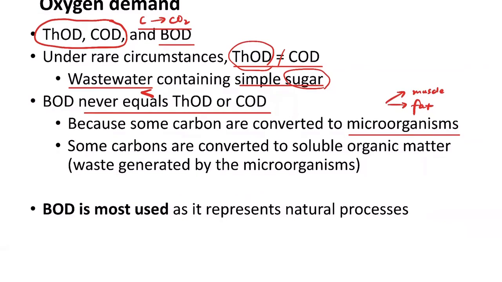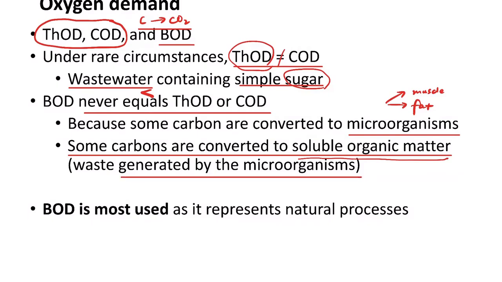And at the same time, not all of the carbon is converted into part of their body, mainly because these organisms are going to generate waste, right? These wastes are not pure carbon dioxide. There can be some other soluble organic matter that is generated by these microorganisms, right?